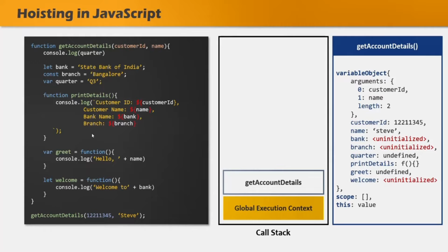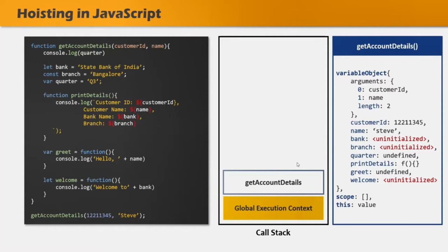Now we are creating another function called greet, but we are creating this function using function expression syntax. In function expression syntax, we basically assign a function to a variable. So in this example, we are assigning this function, which we have created using the anonymous function syntax, to this greet variable. And this greet variable is created using the var keyword.